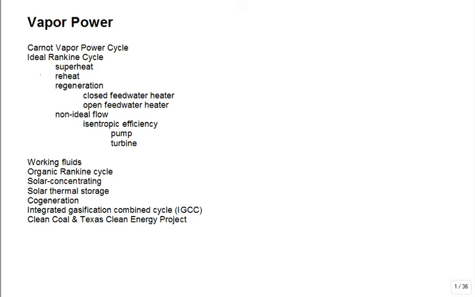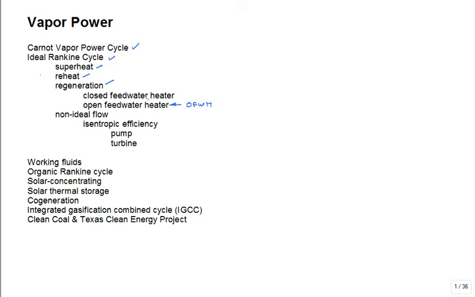So we've been covering vapor power cycles. We started this chapter by covering a review of the Carnot vapor power cycle, and then we went into the simple ideal Rankine cycle, talked about improving the efficiency by superheating, by reheating, and then we talked about regeneration, especially an open Feedwater heater.